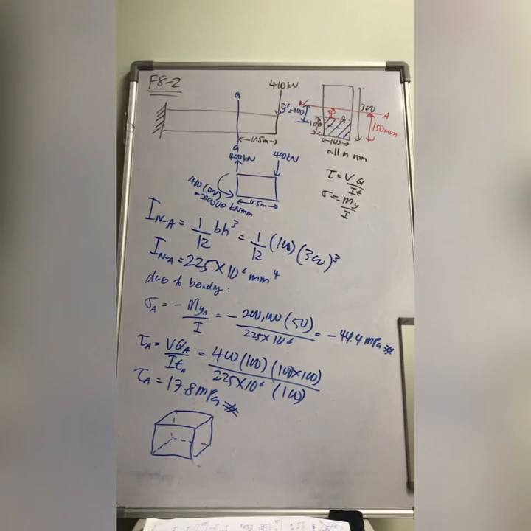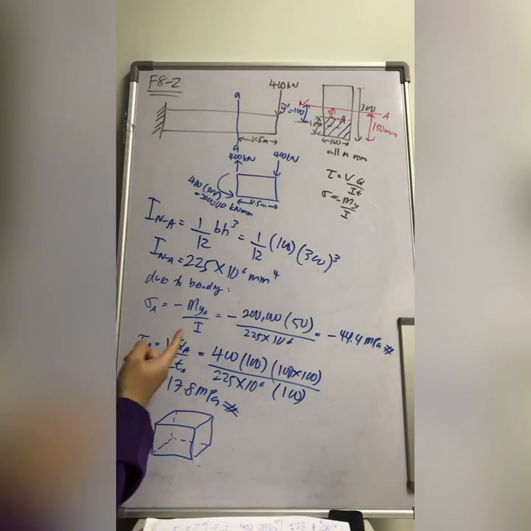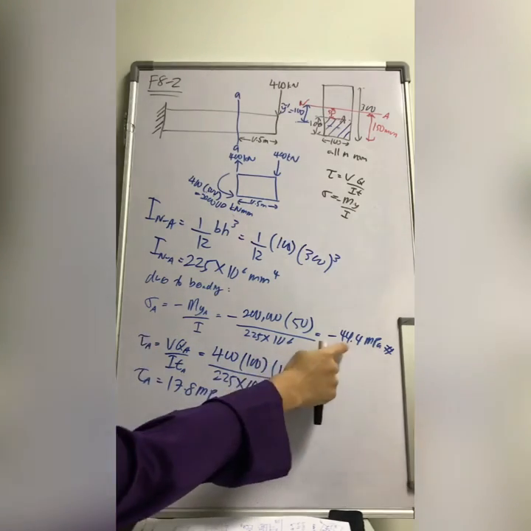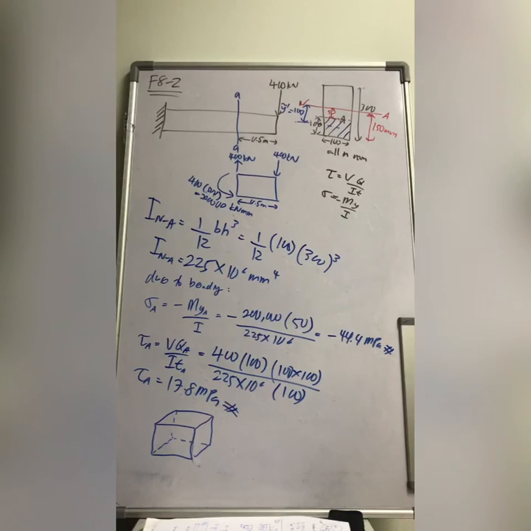So what you have for this surface: first, you have compression of 44.4 megapascal to this surface.